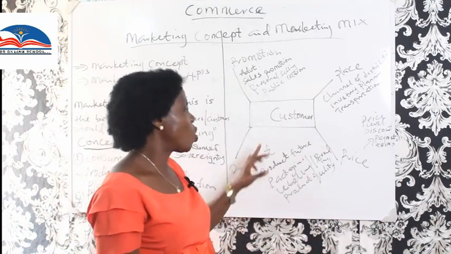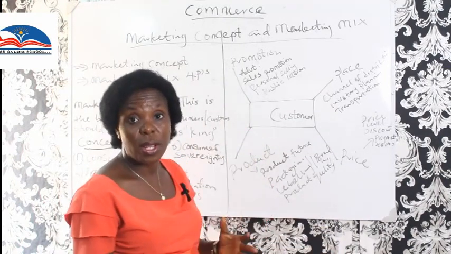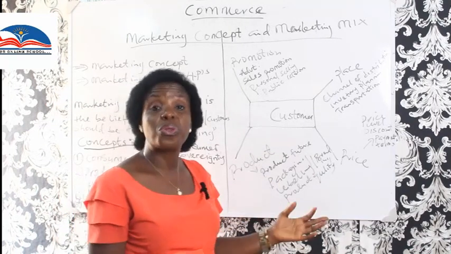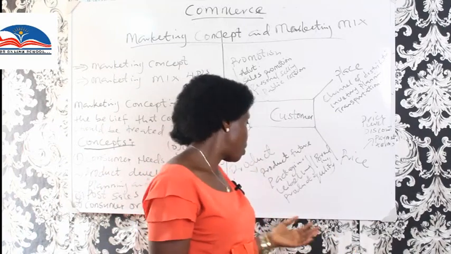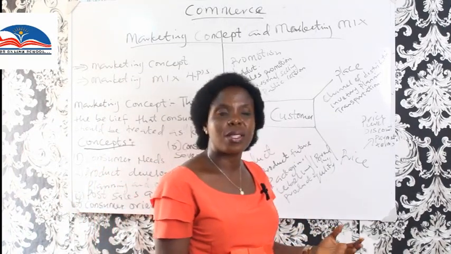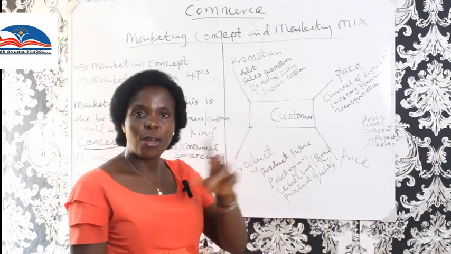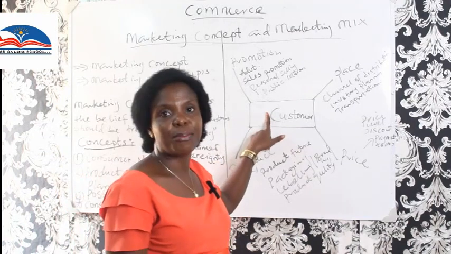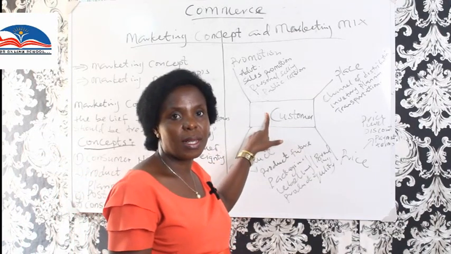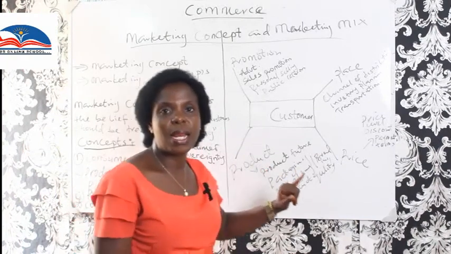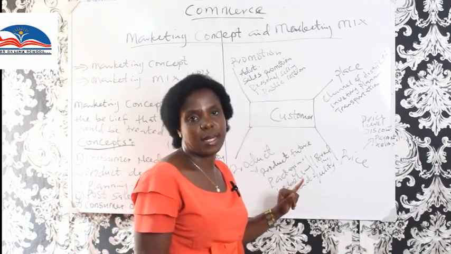If the product feature does not suit the consumer, sorry, your product will go nowhere. If your packaging is not good, sorry, the consumer might reject it. If your labeling or the quality of your product does not meet consumers' needs, you failed. So whatever your product is, it should be one that meets the consumer needs. So when you look at your product, look at the features, your labeling, your branding, your quality.